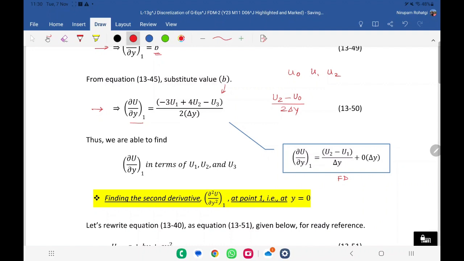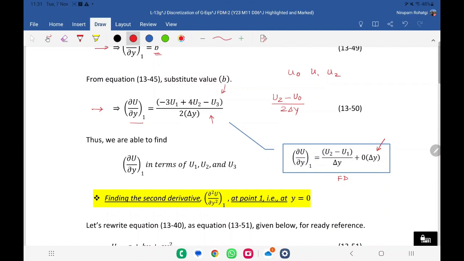And here you see there are 3 points. They are also forward difference, but there are 3 points, 1, 2 and 3. Here there are only 2 points, 1 and 2. And the order of error here is 1. Now we have to see what will be the order here.